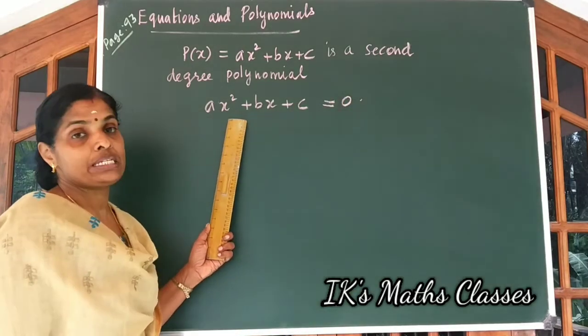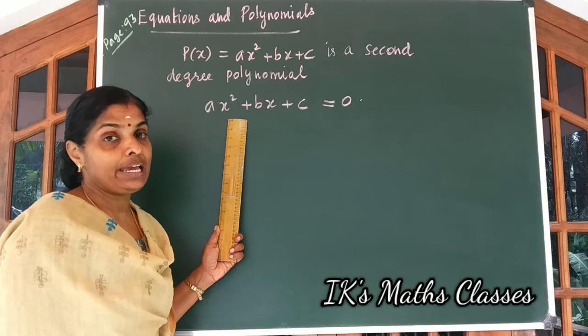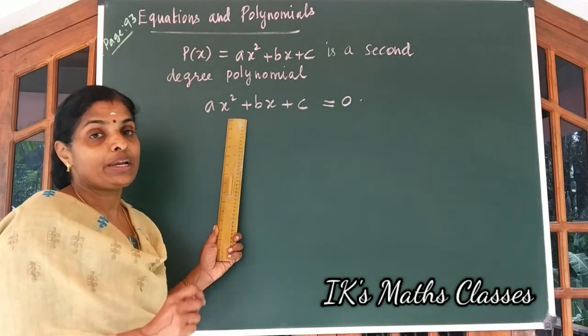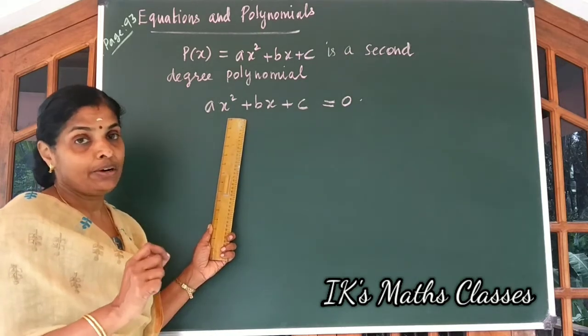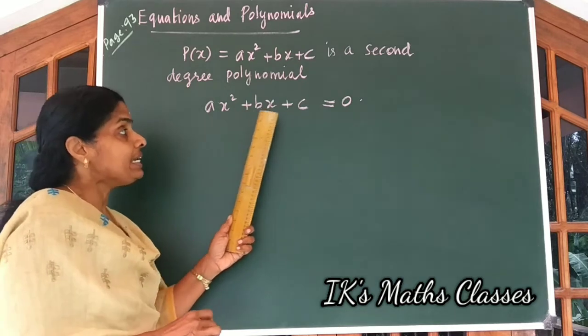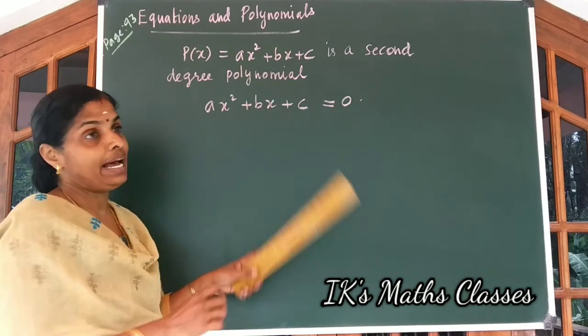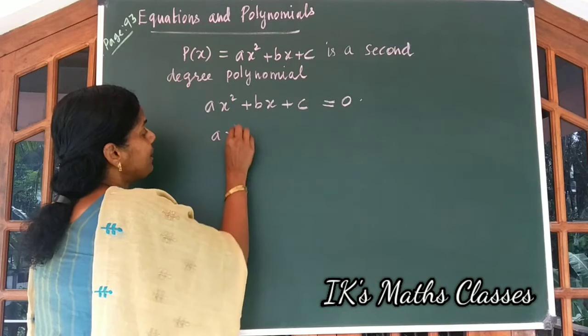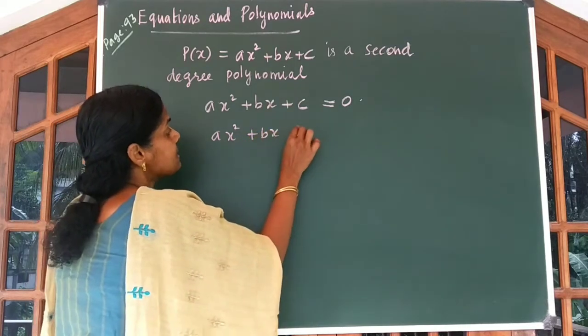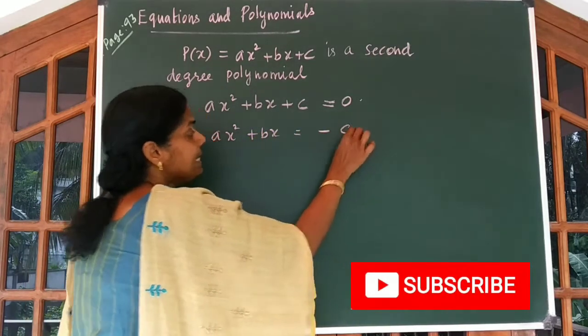Using this equation, we are going to find a formula to get the value of x. For which, let us rewrite this equation as ax square plus bx is equal to minus c.